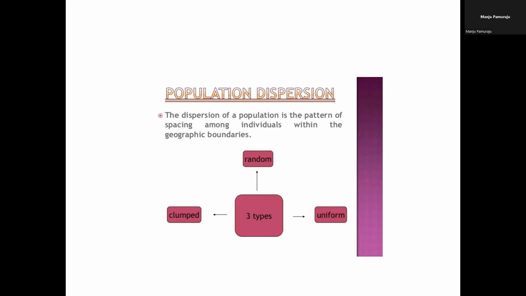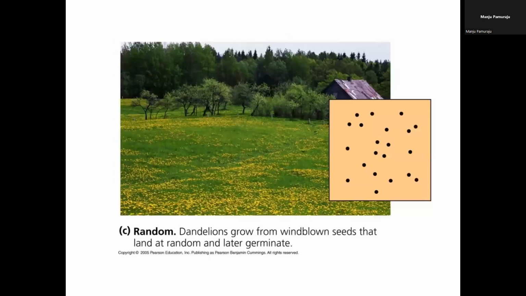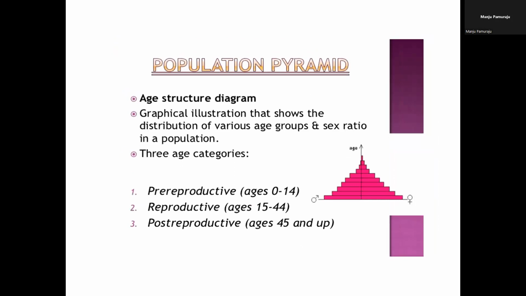Another point: pre-reproductive age is also known as the young age. For age distribution, Bodenheimer recognized three age groups in the population.